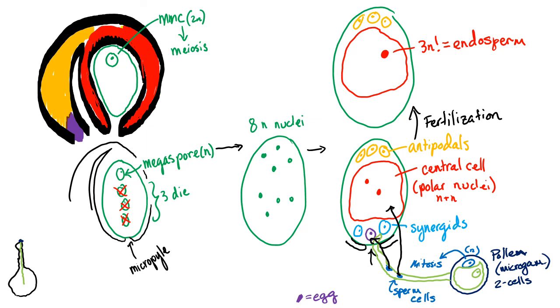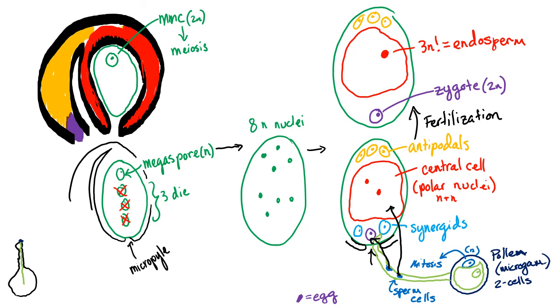And then we'll have a fertilized egg, which is now called the zygote and is diploid. And I believe both of the synergids get burst. However, I don't actually remember.